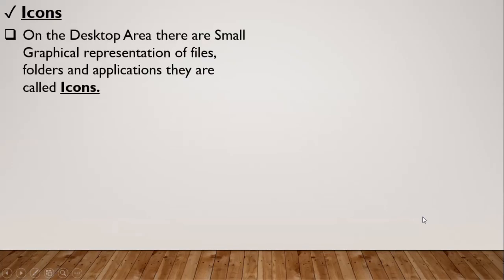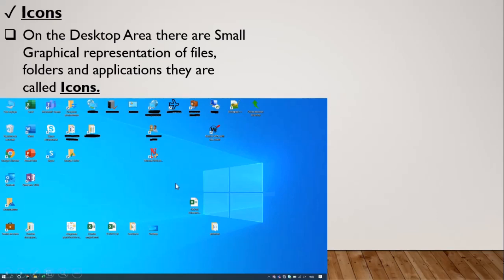Now next, let's see what the icons are. On the desktop area, there are small graphical representations of files, folders and applications. They are called icons. Okay children, on this desktop you can see there are different files and applications. These are small graphical representations of different folders, files and applications.